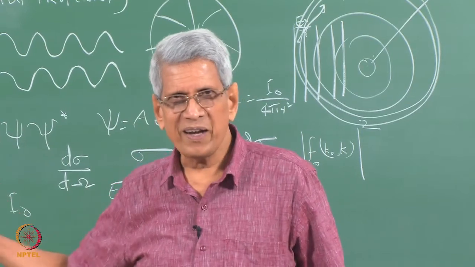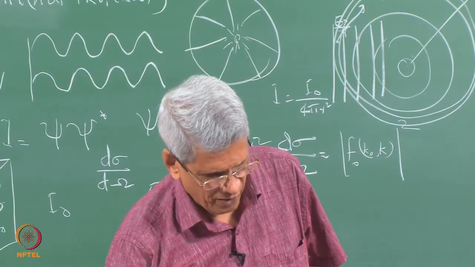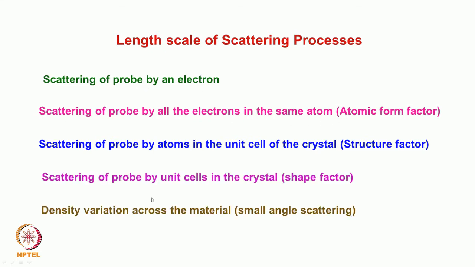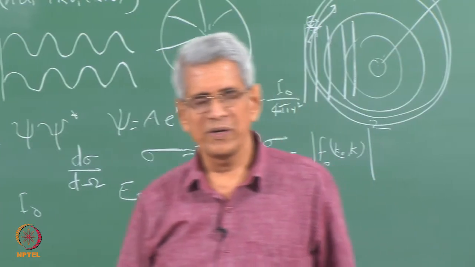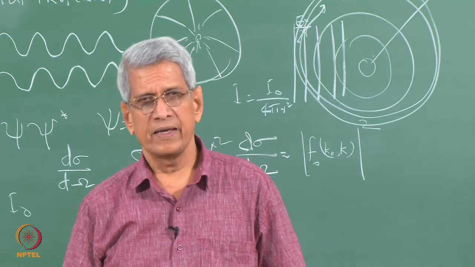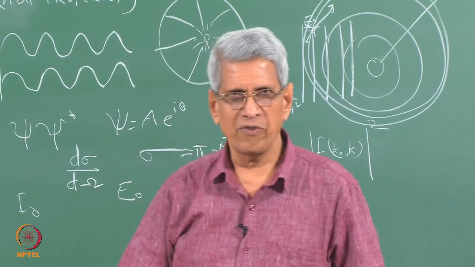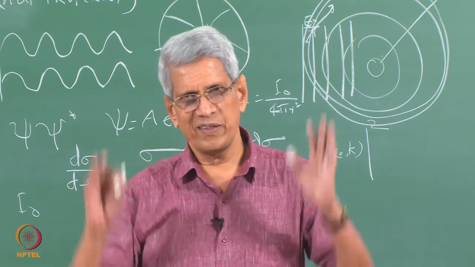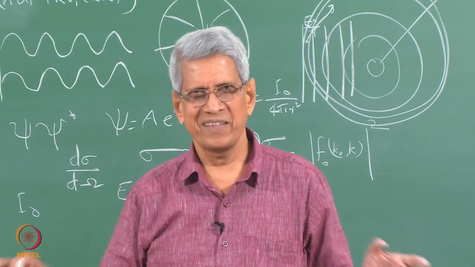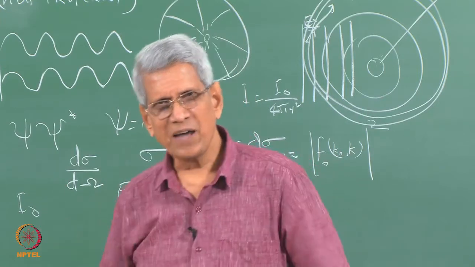That part of it we have already looked at. So, what we have to look at is only how the electrons in the atom contribute to the scattering. Then, to get that information from the sample, we have to look at the volume over which the beam is falling and the number of unit cells, and take that contribution also.